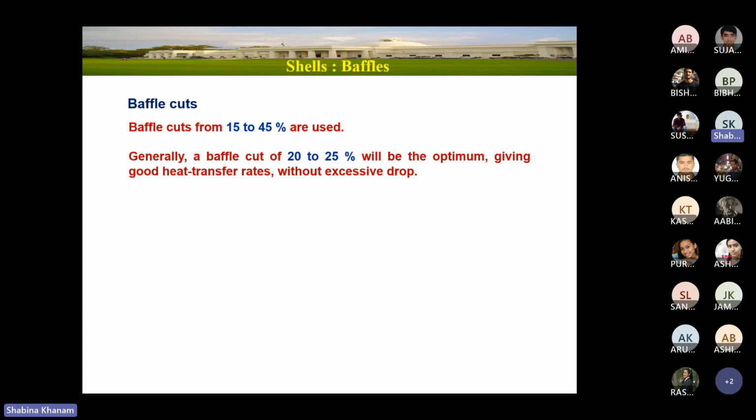However, the optimum cut is 20 to 25%, which gives a good heat transfer rate without excessive pressure drop. When we consider baffle cut, we start with the optimum value like 25%.